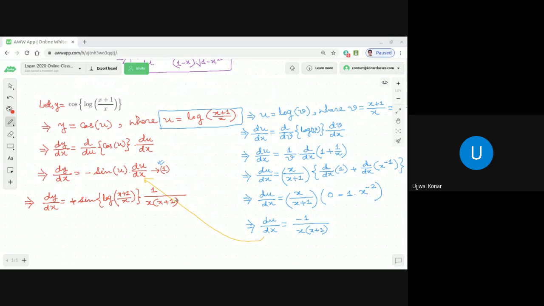All of you agree? So the final answer is 1 by x into x plus 1 into sine of log of x plus 1 by x.